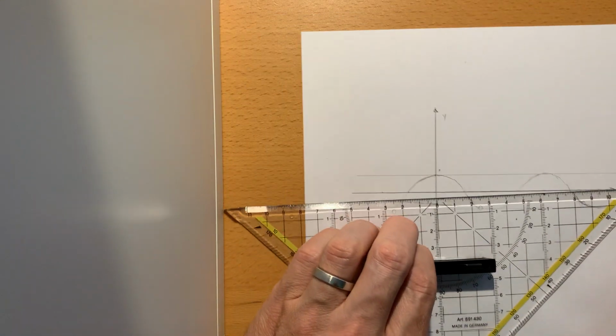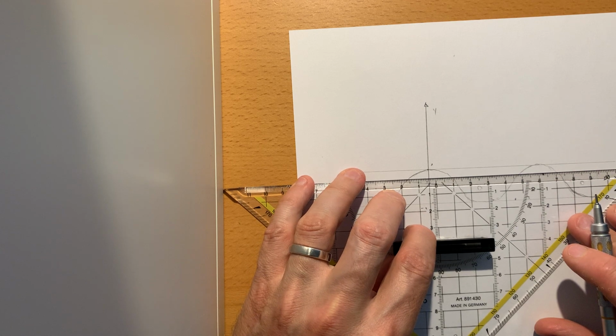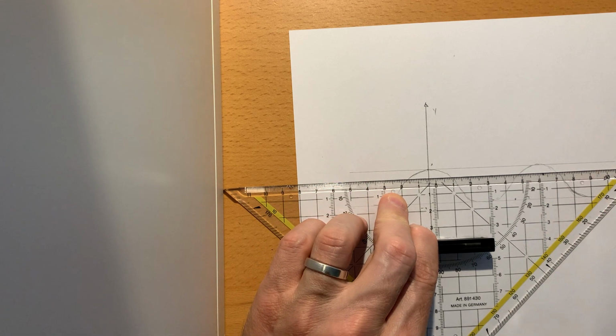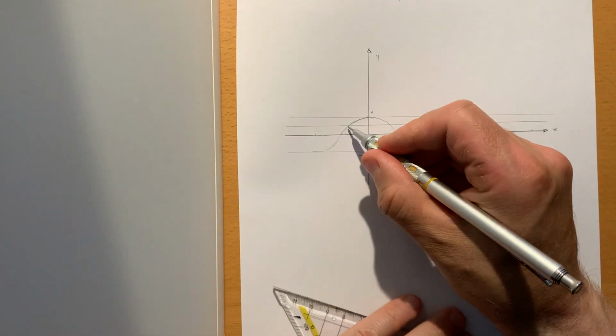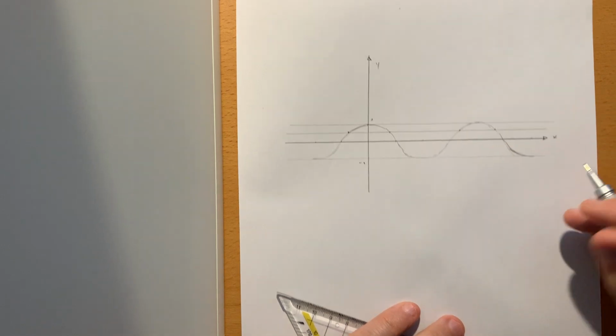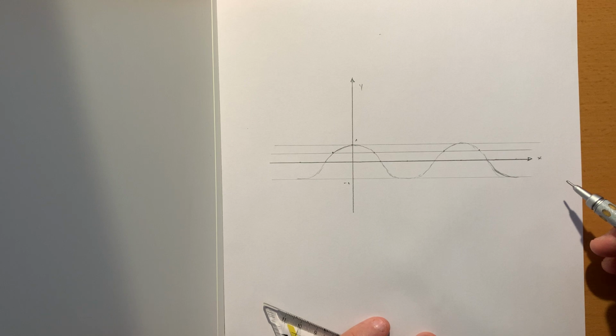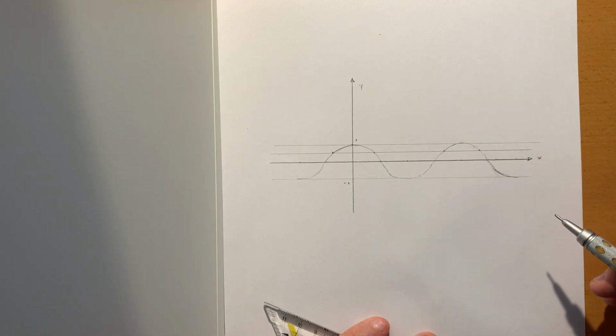And now, well, we need the line that goes through 1/2. And we can already see that we have infinitely many points of intersection. If I were able to draw the whole cosine function, I would have infinitely many points of intersection.